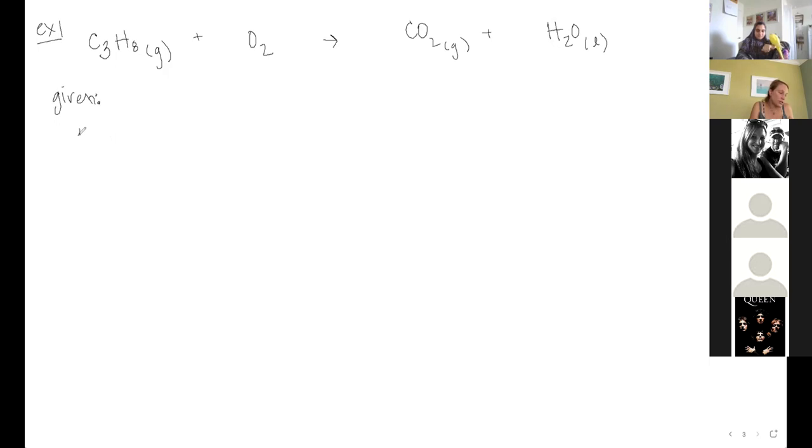So we have these equations. The formation of propane, so C3H8 as a gas, can become 3 carbon as a solid plus 4 hydrogen as a gas.